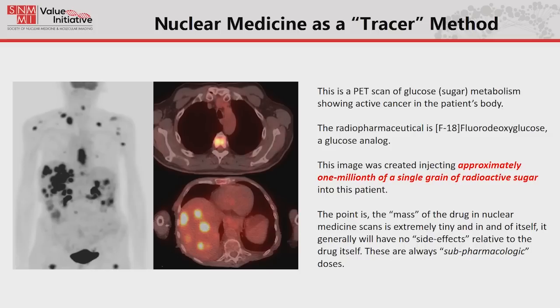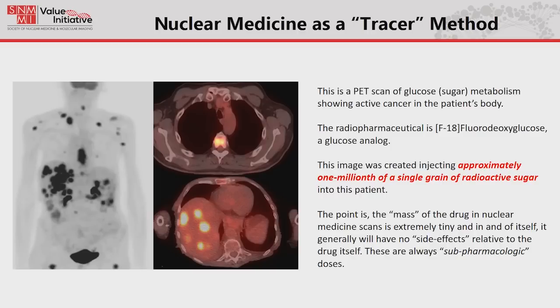I just want to repeat again that nuclear medicine is always tracer methodology. The mass quantities that we inject are really, really small. For the most part, although FDA doesn't like us to say it, there's really no side effects associated with these quote-unquote drugs because the mass quantity is so small.